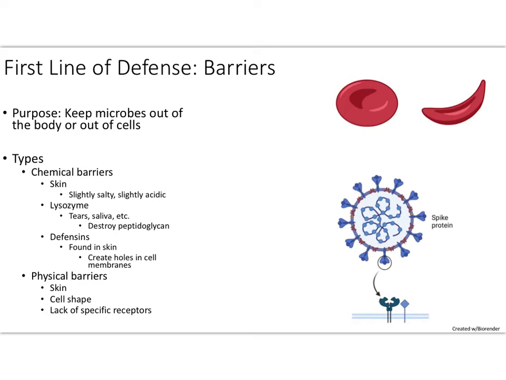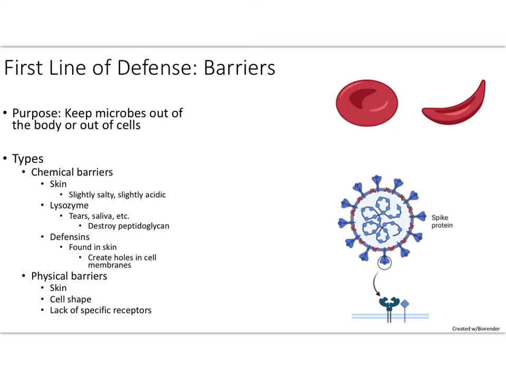Other types of chemical barriers are the defensins. Defensins are a group of proteins that are found primarily on the surface of our skin. And what they do is create holes in cell membranes. So if we have a bacteria or a helminth or an algae or a fungus or a protozoa, any type of microbe really, even a virus if it has an envelope technically, and it ends up on our skin, these defensin proteins will attach to that lipid bilayer that microbe has and start to create holes in it.